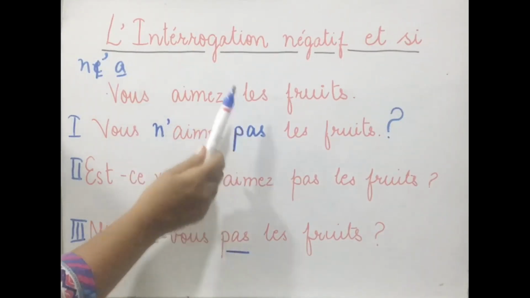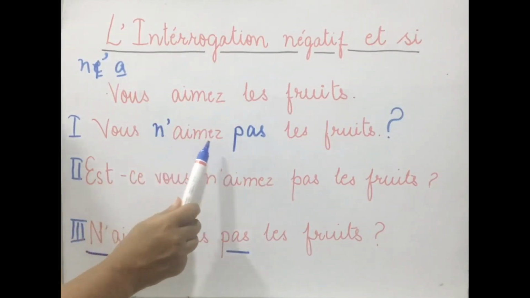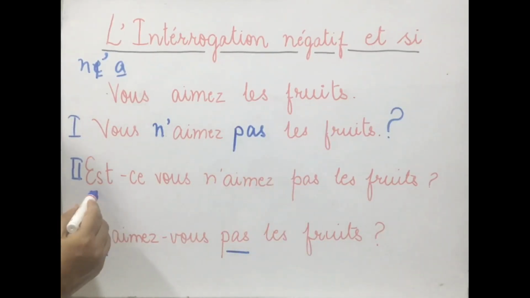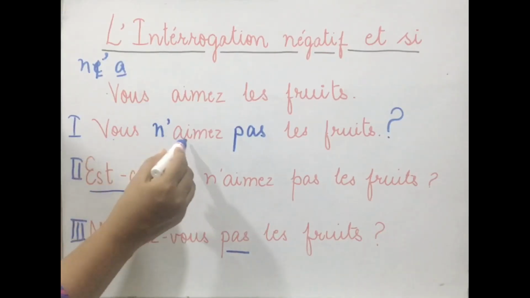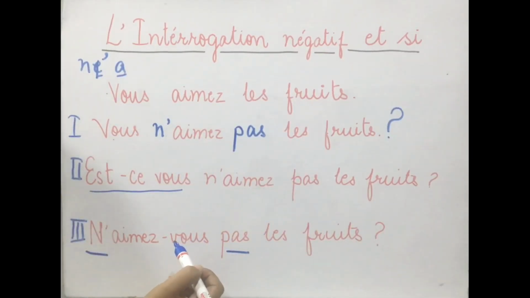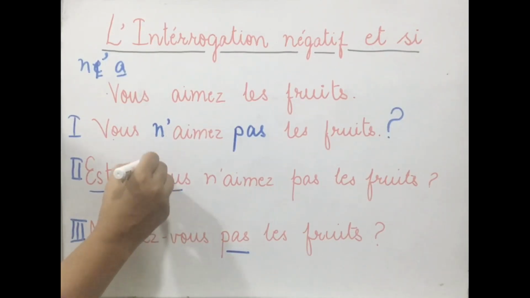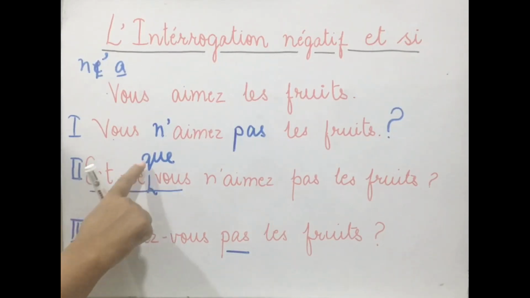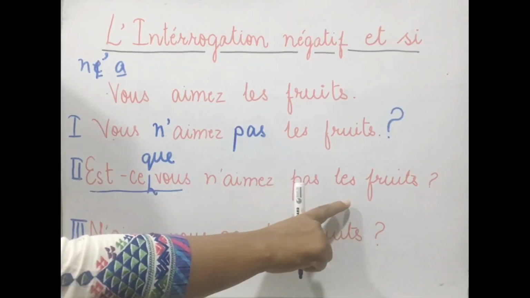So this is negative interrogation here. "Vous n'aimez pas les fruits?" And the other way was adding est-ce que, so I just added est-ce que before this negative sentence. Sorry, I have not written est-ce que here, it should be there. So it is "Est-ce que vous n'aimez pas les fruits?"